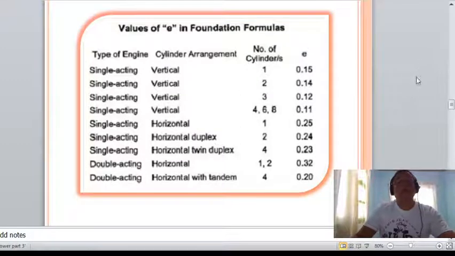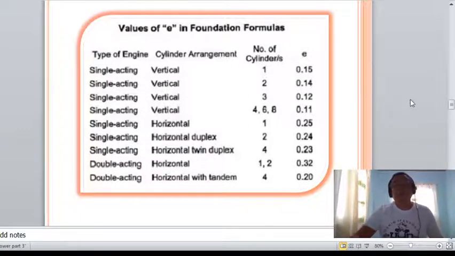So we have here, class, the values of E. Take note that at the right portion we have single acting vertical, so for single cylinder that is 0.15, vertical single acting 2 cylinder 0.14, single acting vertical 3 cylinder 0.12, and single acting vertical 4 cylinder, 6 cylinder or 8 cylinder that is 0.11, and then single acting horizontal, single cylinder 0.25, and so on and so forth.